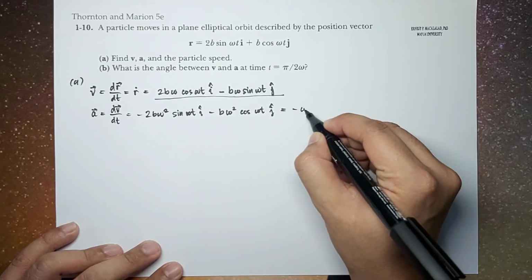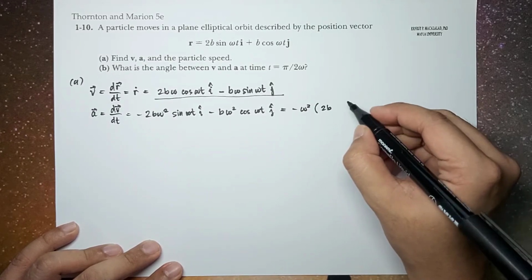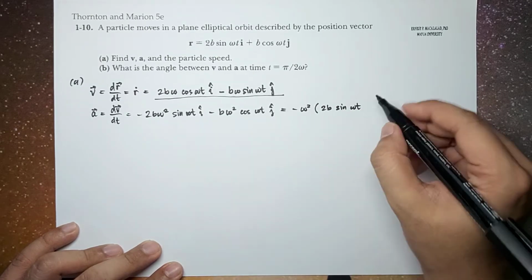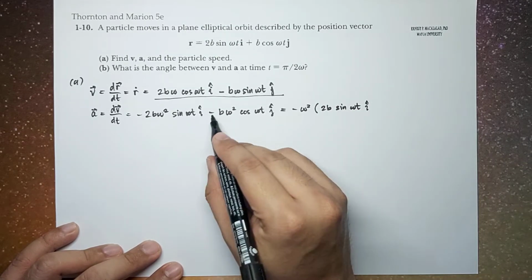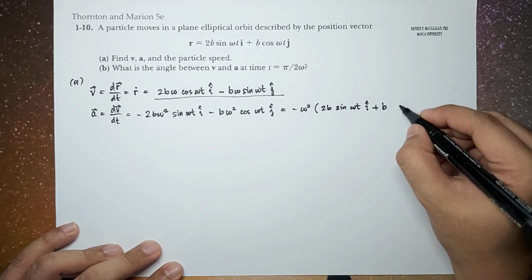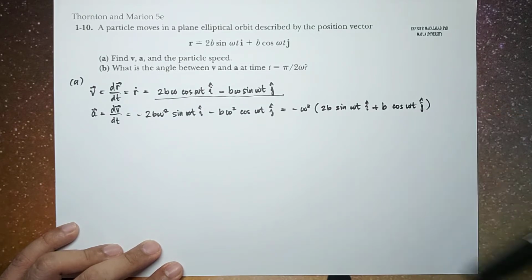So this is negative omega squared times 2b sine omega t i hat plus b cosine omega t j hat.